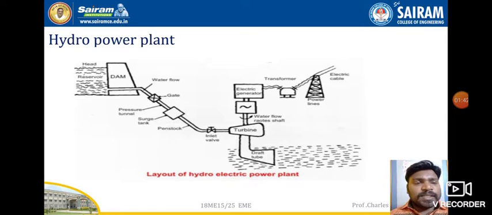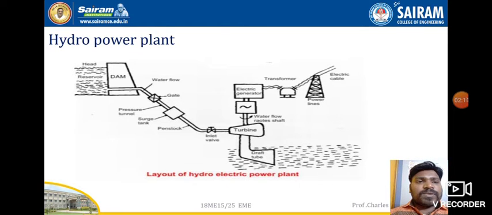In this diagram it is shown simply as a turbine, but in some diagrams you can see the powerhouse. In this powerhouse there will be turbine blades and an electrical generator. Both are coupled together, and that combination of the hydraulic turbine and the electrical generator is nothing but the powerhouse.